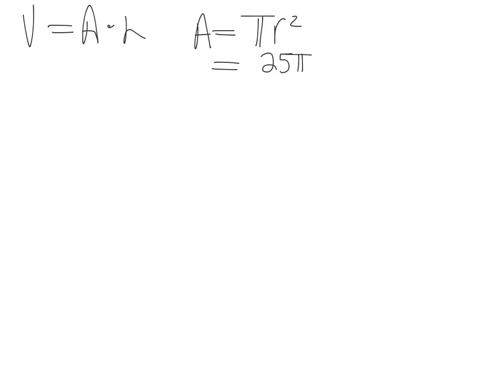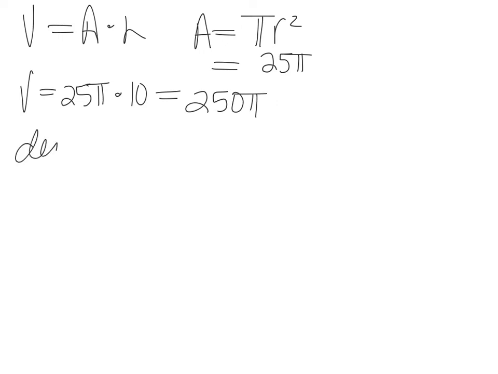So my volume equals my area times the height. And the area is a circle. It's pi r squared. And I know we could probably discuss thickness of the cylinder and the radius and is it really 5? But we're just going to not do that. So my radius is 5, so my area is 25 pi. My volume is 25 pi times my height, which is 10. So I'm at 250 pi.